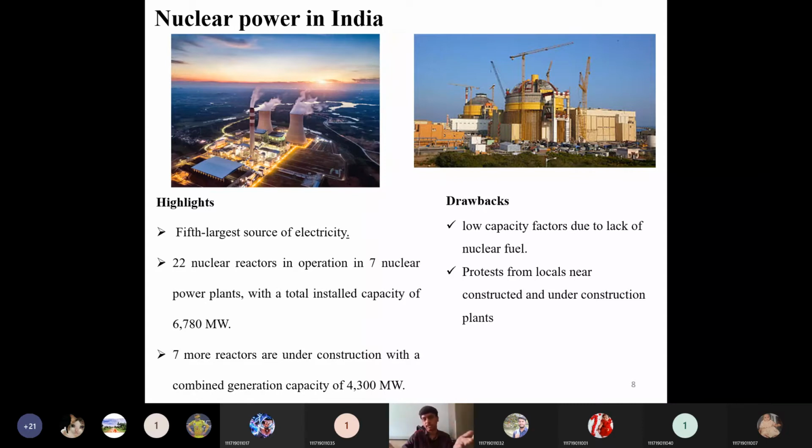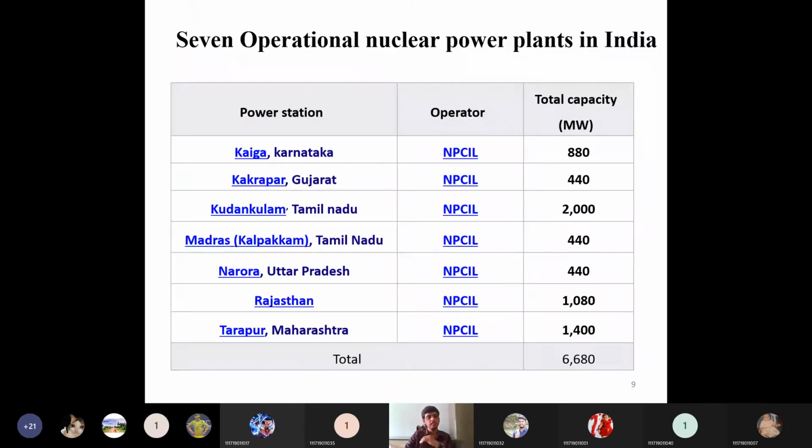Whatever the reason may be, due to the low capacity and non-availability of fissionable fuel, we are suffering a lot in the nuclear energy sector, as well as protest from the local people to acquire the land and to put a plant in a certain area. We have to get a local clearance. Local peoples are protesting very much. So we have to find safe places so that we can construct the nuclear power plants in India. So these two are the major drawbacks in India.